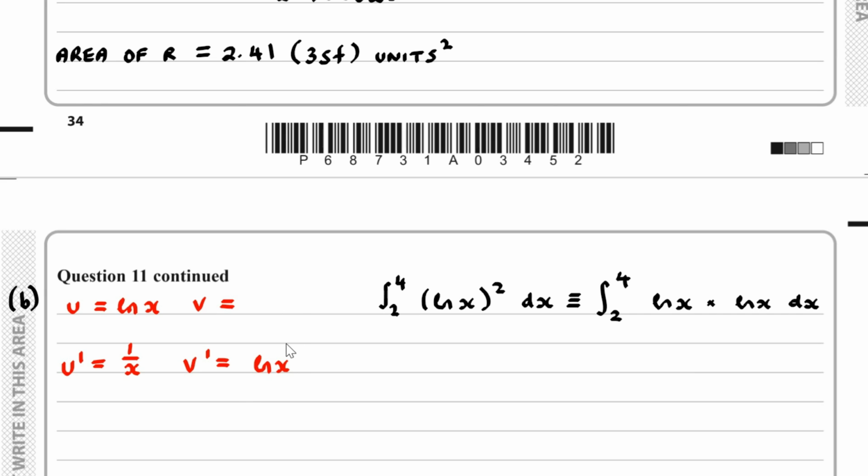To find v, we need to find the integral of the natural log of x, which is the same as 1 times natural log of x dx.